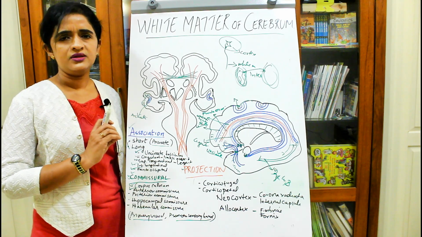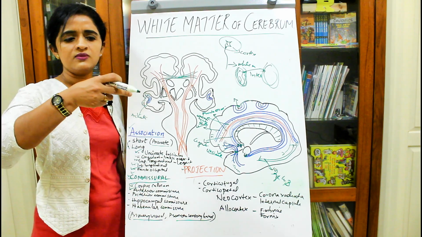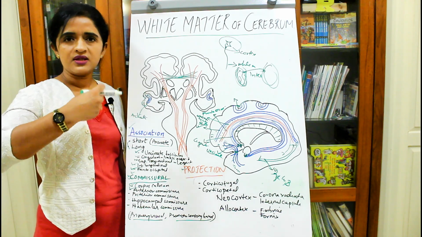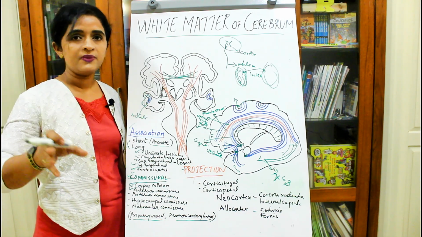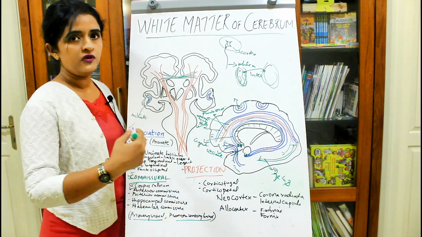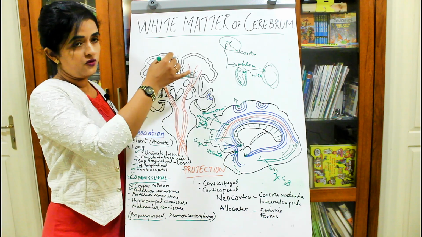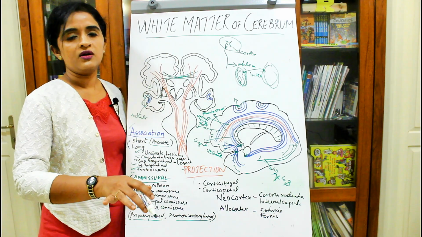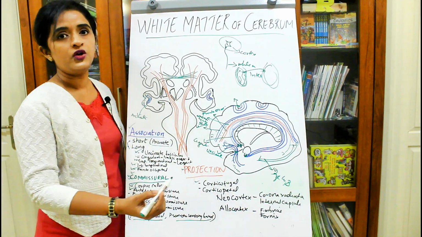So what do you mean by centrifuge? If you centrifuge something, you know that the sediments are centrifuged towards the periphery, isn't it? It's going towards the periphery. So corticofugal means away from the cortex. The fibers which are going away from the cortex, you call corticofugal.